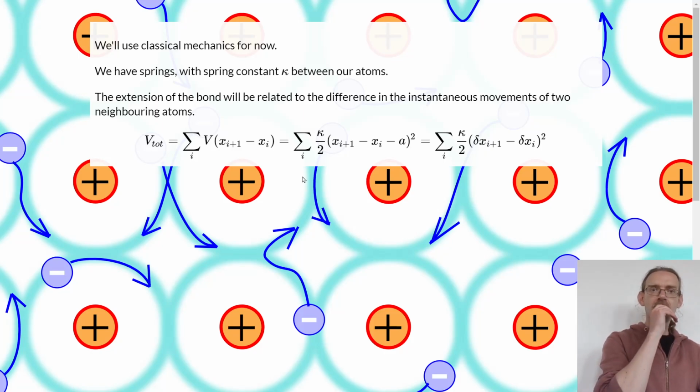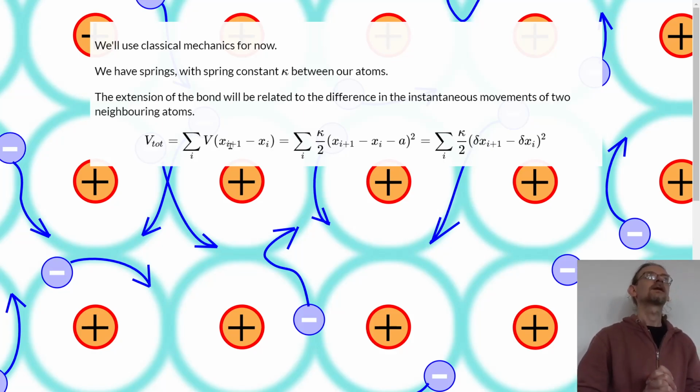So we are going to write our total potential energy of our system as the sum of the interactions between neighbouring atoms. So what we're doing is, for each pair of atoms we check whether they're next to each other in the chain, and then if they are, effectively we're going to put in a spring between them, or this quadratic interaction.